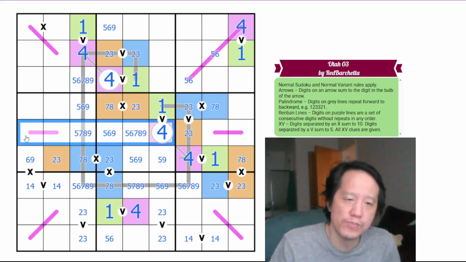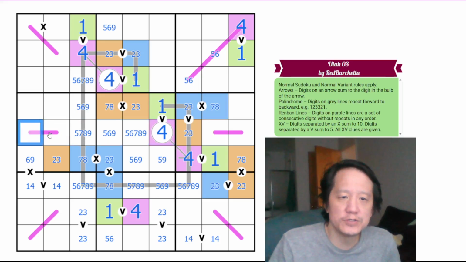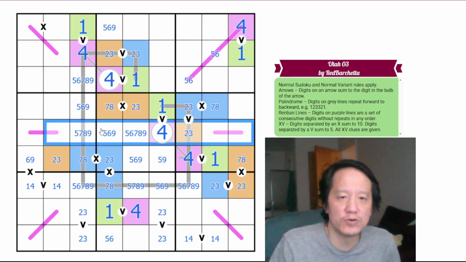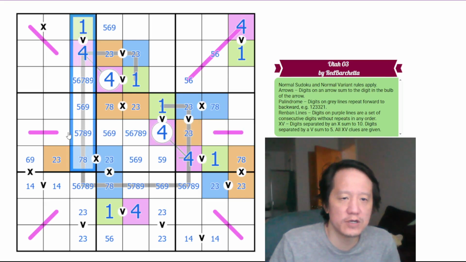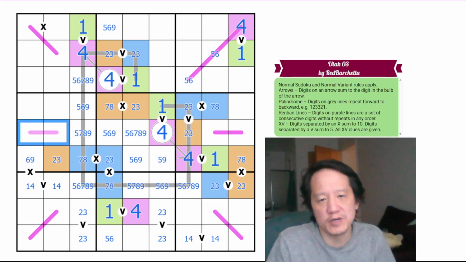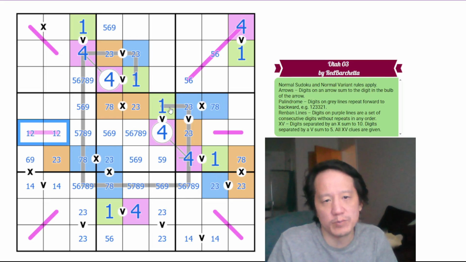Okay. So where is green in row 5, or specifically the 1? Cannot be here because of the 1 in the box. Can't be here because of the 1 in the box. Can't be here because of the 1 in the column, so it must be one of these. So this must be a 1-2 pair to be a Renban.